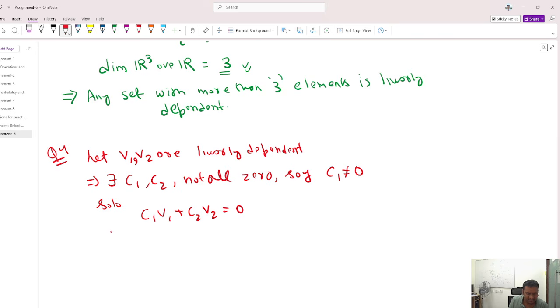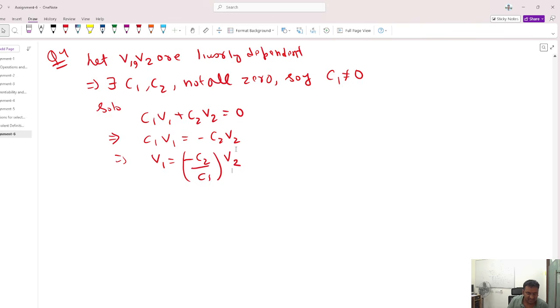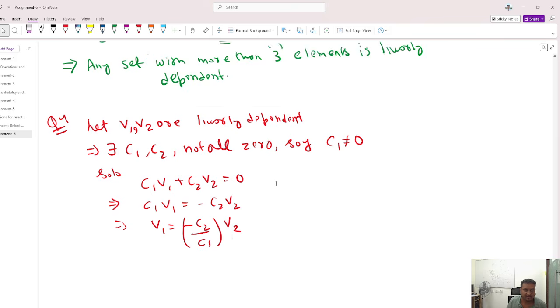So what will this imply, guys? This will imply C1 V1 is minus C2 V2. This will imply V1 is equal to minus C2 over C1 times V2. But you have asked if there exists a lambda in R such that, what is your question? So you have to check the validity of this statement.